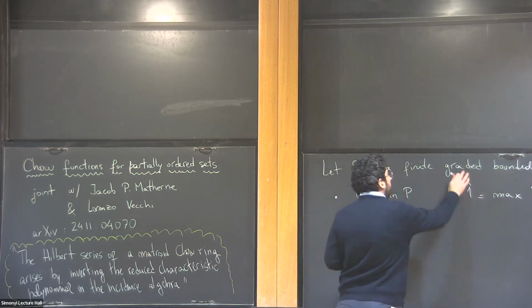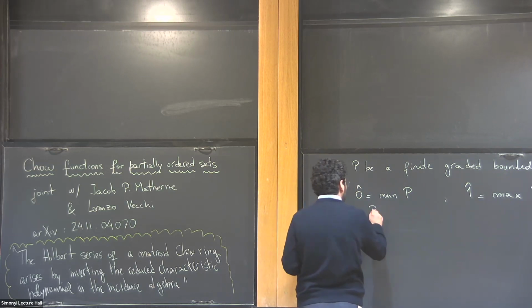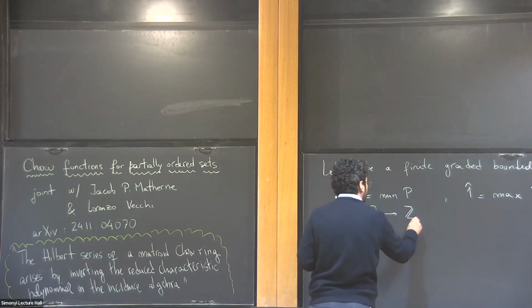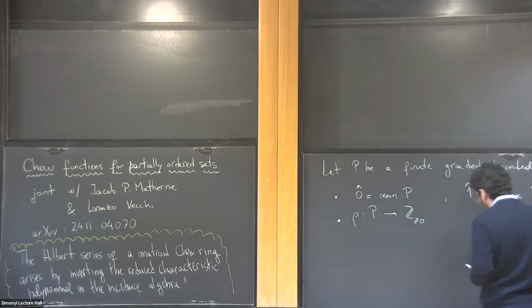that is this thing. Graded means that, well, if I take the function rho, it takes an element of the poset and gives me a non-negative integer.